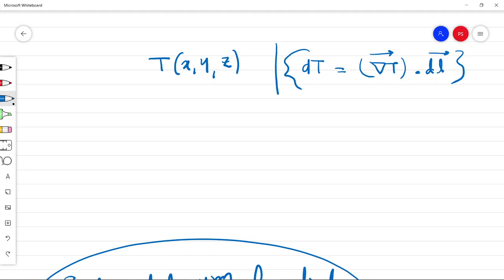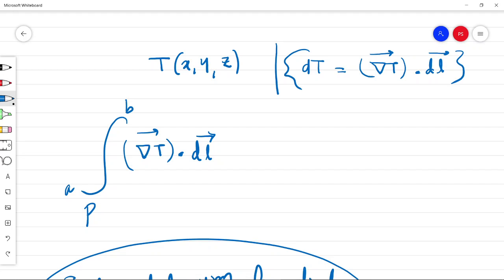So for this function t, we define the fundamental theorem of gradient as: over a path p starting from a to b, so we have chosen some path which takes us from point A to point B, the integral of grad t dotted with dl bar, which is nothing but dt, so one kind of derivative of t, has to be equal to t of b minus t of a.